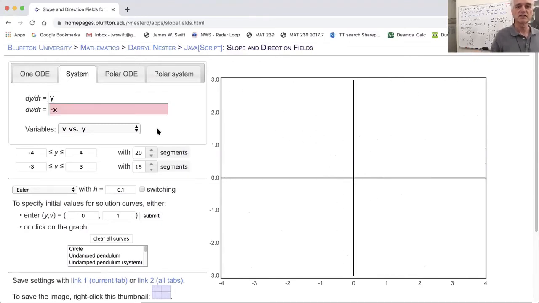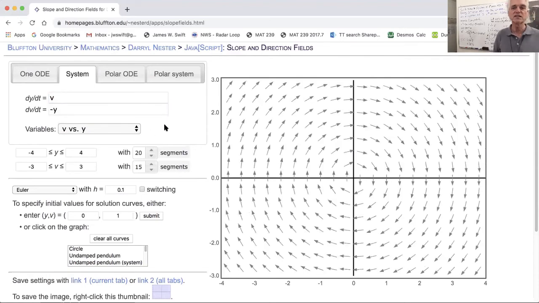So dy dt is v, dv dt is minus y. If you go back to that first example, this is like y double prime plus y equals 0, or y double prime is minus y, right? So y double prime is v, and v prime, or the acceleration, is minus y.